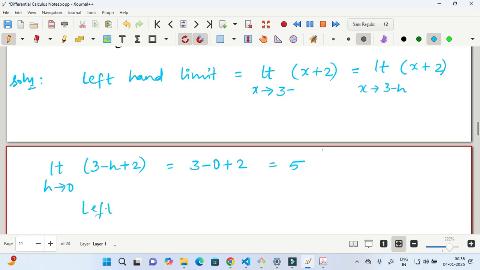Left hand limit is equal to limit, we can write LT or LIM, both are okay, limit x tends to 3 minus of x plus 2 is equal to 5. So this is equation 1.